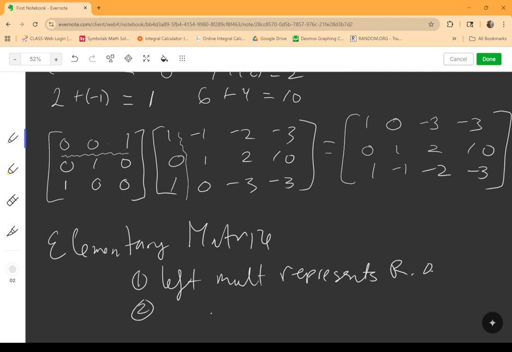And two, all elementary matrices, let's just call them EM, are non-singular. So I'll just present those two properties without proof.